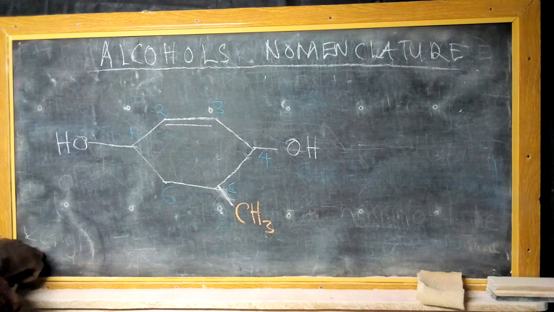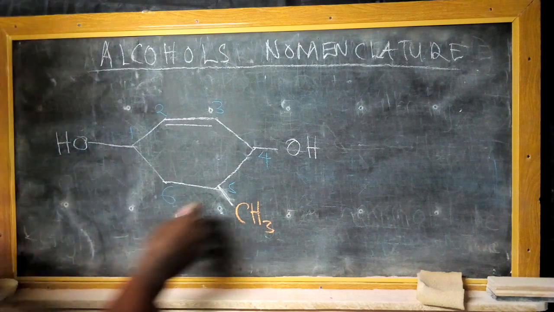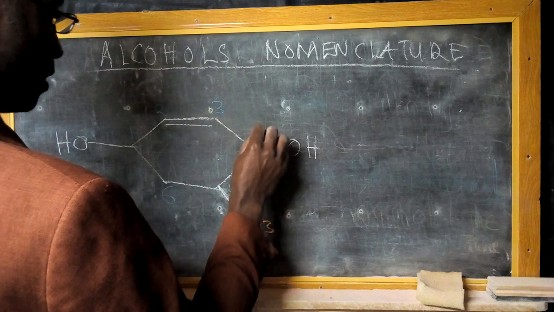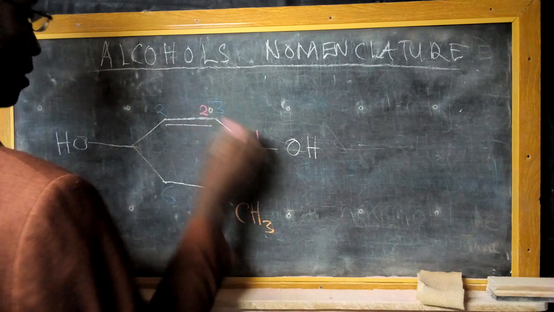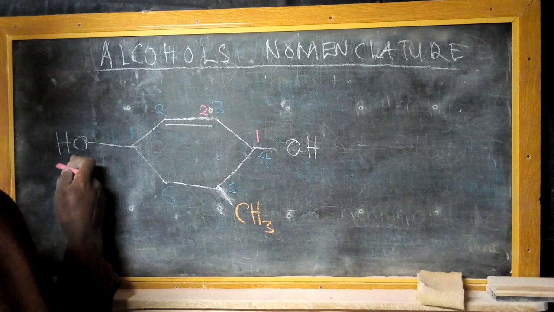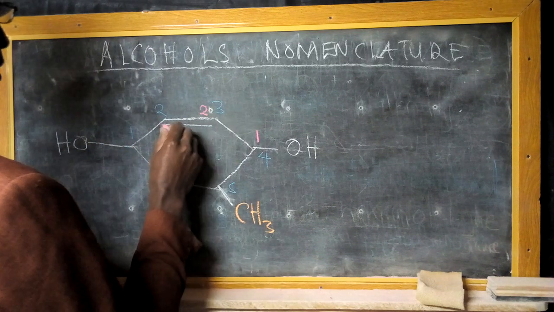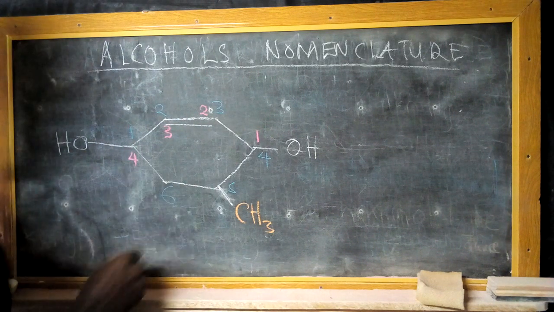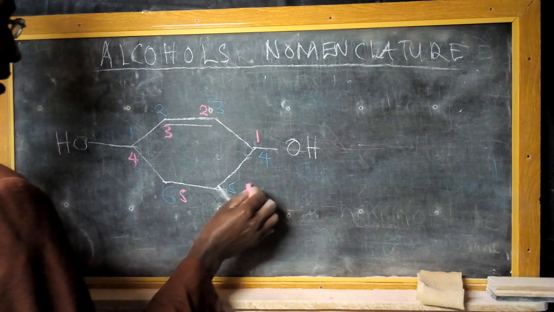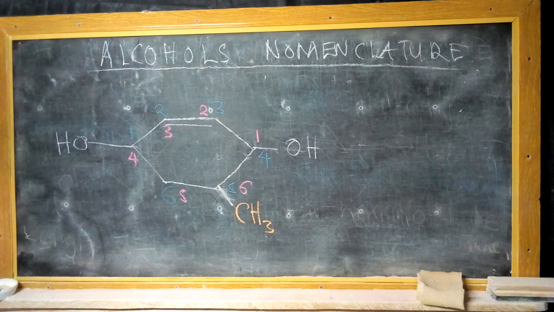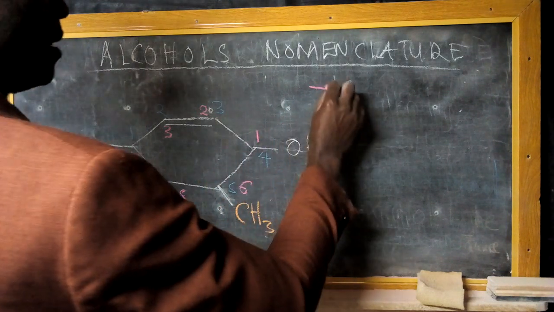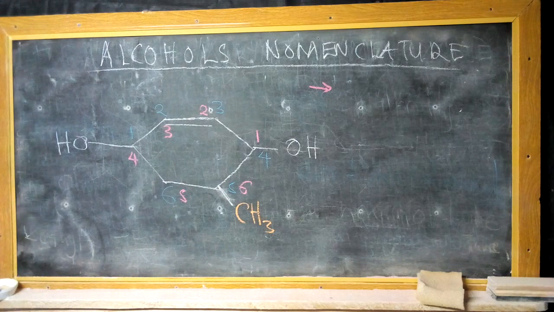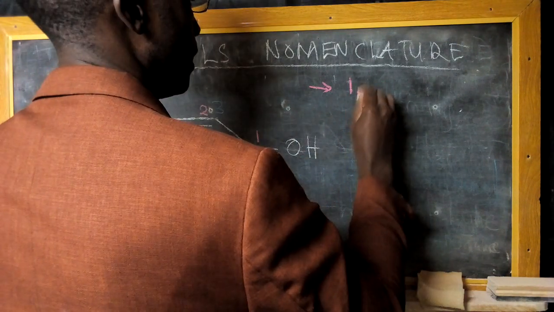Suppose we start from this other side and say that our numbering can begin from here, this number 1, 2, since it consists of a functional group just like this one, 1, 2, 3, 4, 5, 6. So in the first case, for this particular line, we shall have the OH groups appearing at number 1 and number 4.